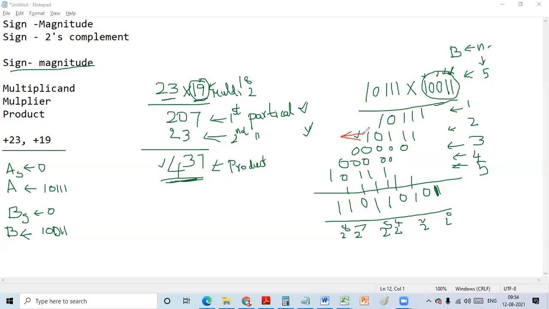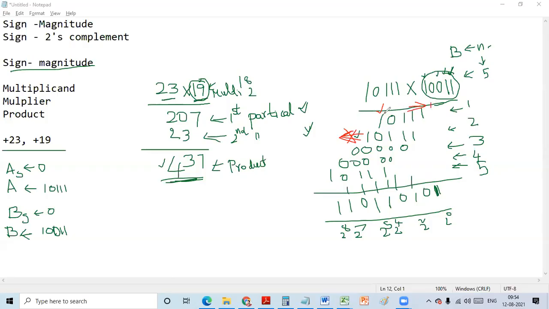While implementing it in the algorithm, rather than shifting the partial product left by 1 bit, I will shift the accumulated product right by 1 bit.